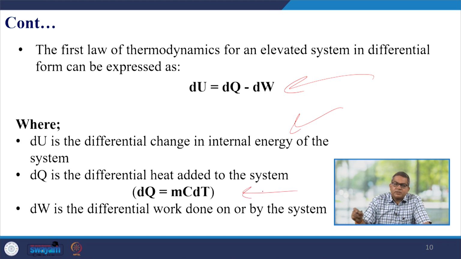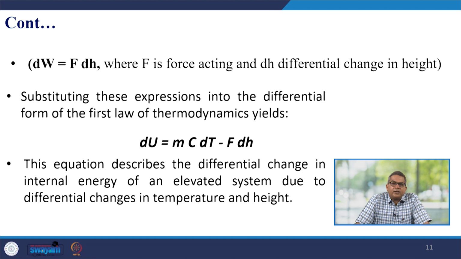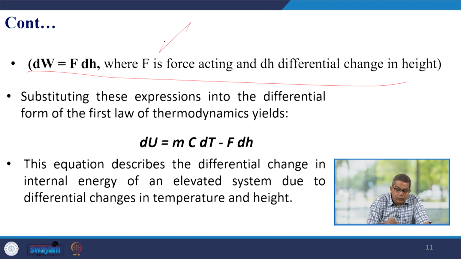Sometimes in a thermodynamic system, dQ is represented as dQ is equal to m c d delta T. dW or work can be represented as dW is equal to F dh, where F is the force acting on the system and dh is the differential change in the distance or height.